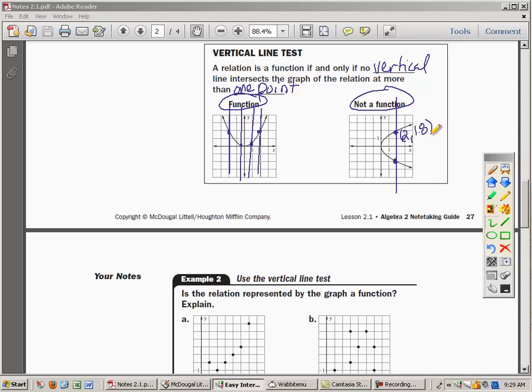When x is 2, y is about 1.8. It's pretty close to 2. For the purpose of the video, we could probably also just call it 2. And then we have this point here, which is 2, negative 1.8. And so we can see that the input of 2 has two different outputs. And so because of that, we can say that this is not a function.